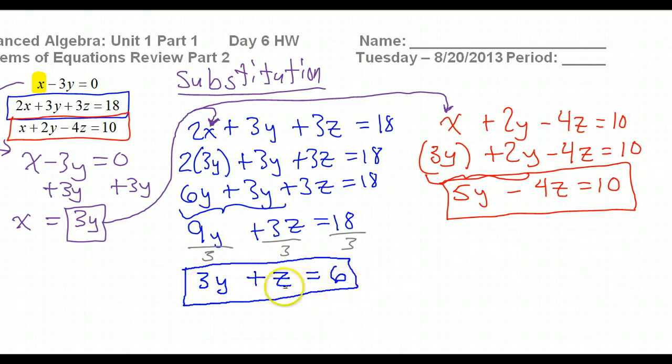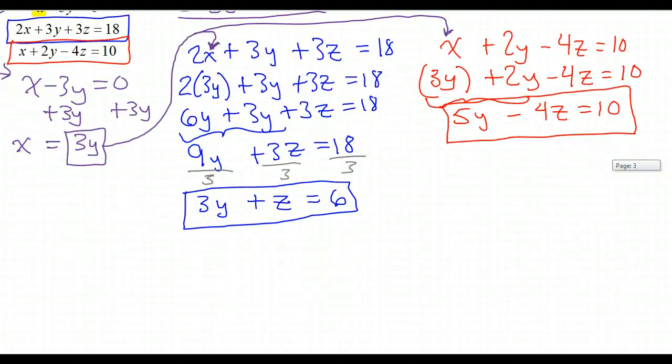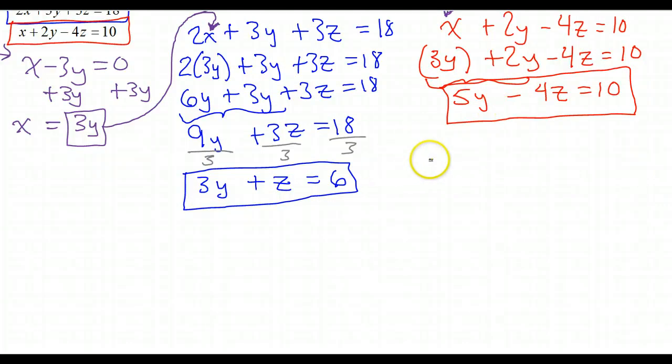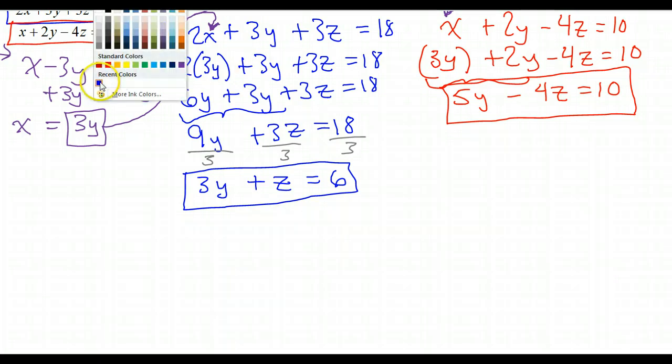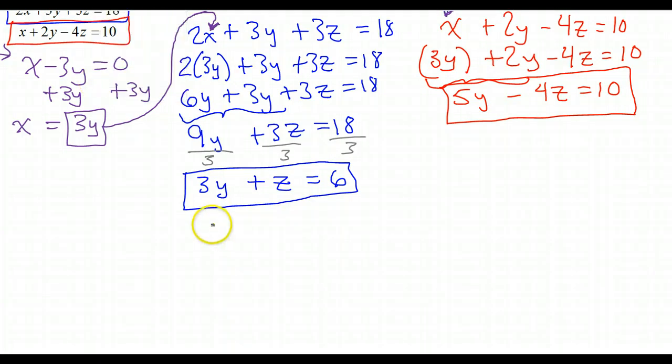Okay, so now I have these two equations. They both are yz equations. So what you do is you take these equations, put them together, and solve it out. So if I do that, I've got my 3y plus z equals 6.